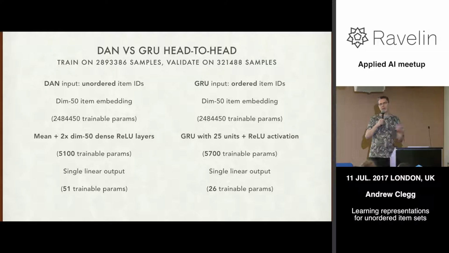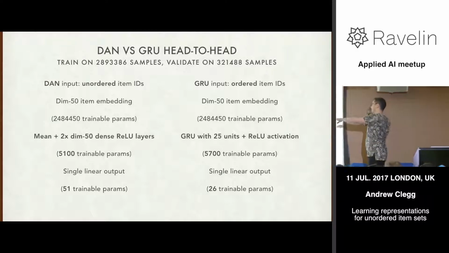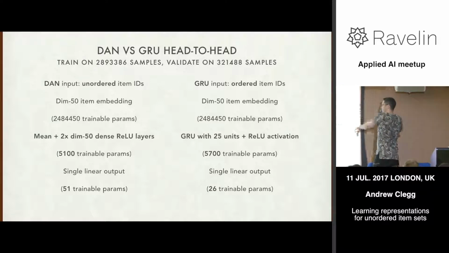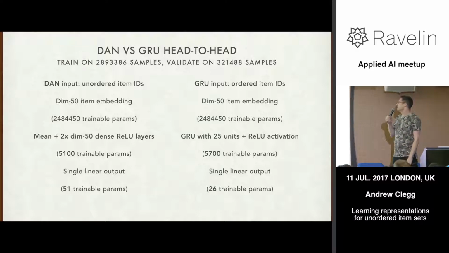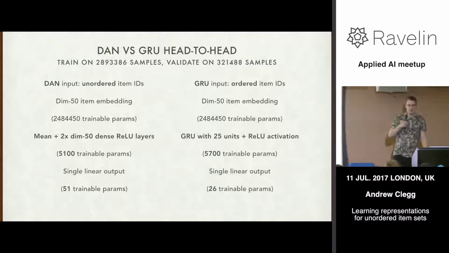So I tested head-to-head a deep averaging network versus a gated recurrent unit, which a lot of people are starting to use for sequence-based recommendations. They've got a similar number of trainable parameters in each. Actually, the GRU has got slightly more. I picked these numbers so they were similar between the two.